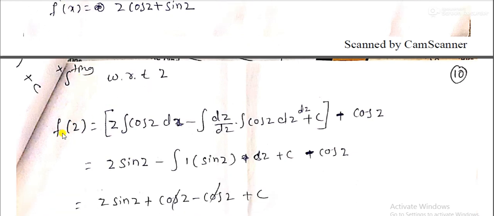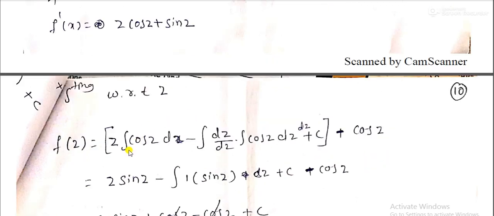Now integrate with respect to z. f of z is equal to the integration of z cos z, we can apply the uv rule, integration by parts, here. So this is z cos z: z written as it is, integration of cos z dz, minus the integration of the differentiation of z, and again the integration of cos z dz, plus the integration of sin z dz plus c. This is the rule of uv, meaning integration by parts. So sin z integration is minus cos z.